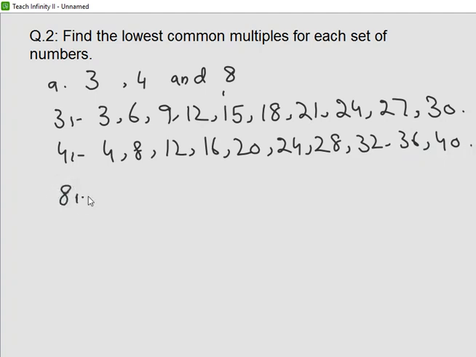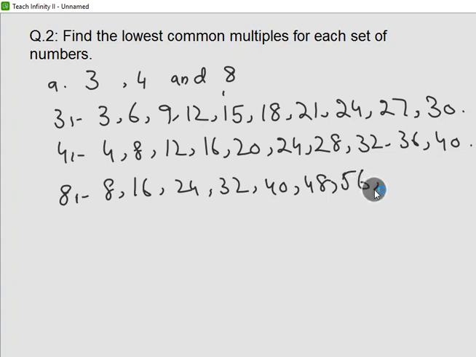Now we have 8, 16, 24, 32, 40, 48, 56, 64, 72, and 80. Now the question is to find the lowest common multiple.